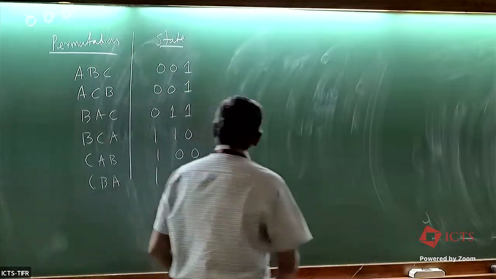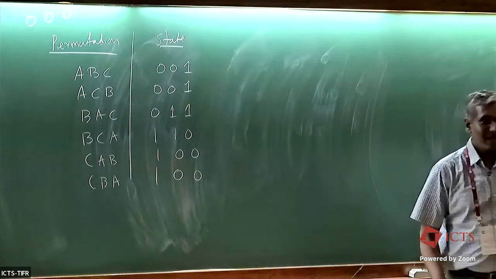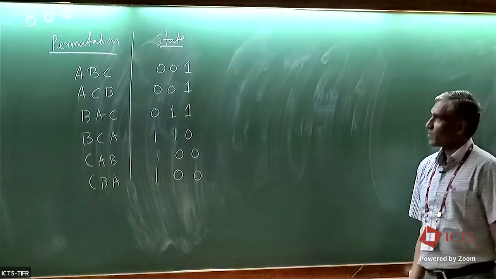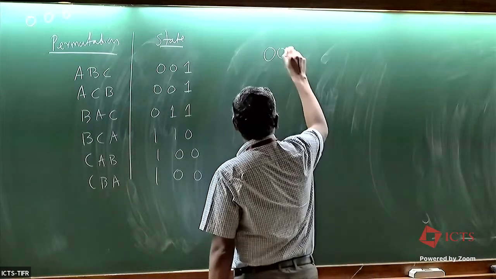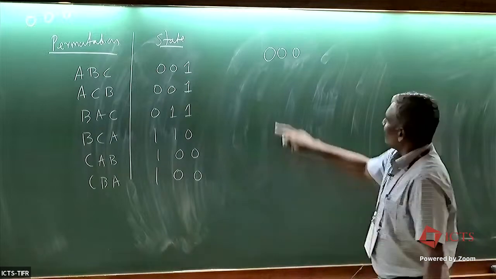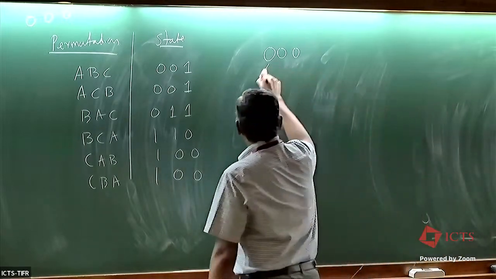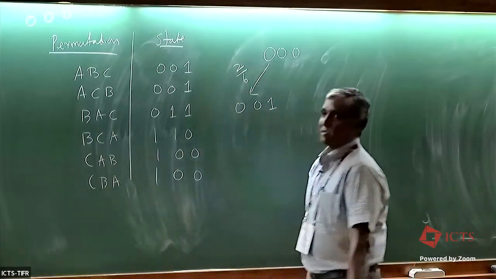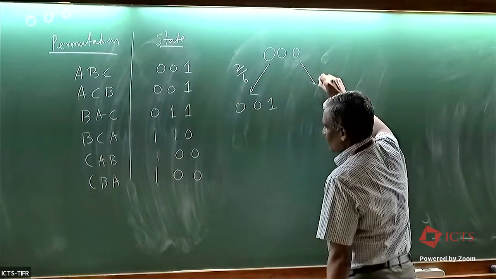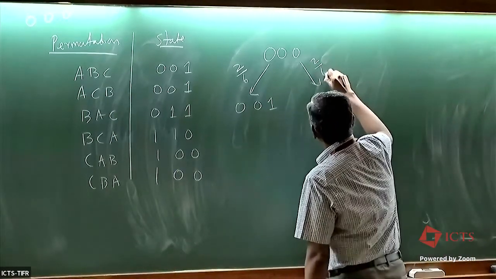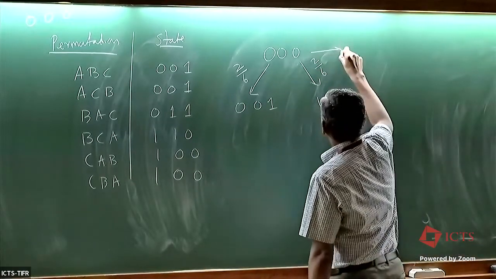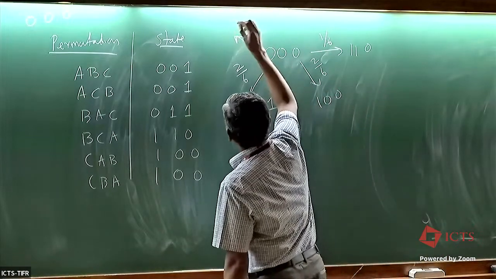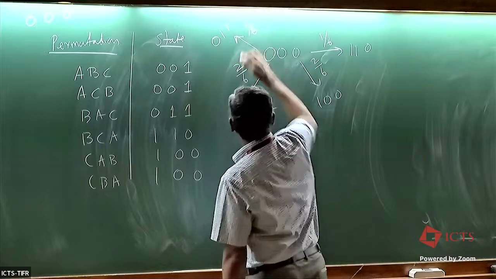So therefore, I can now find out what is the probability of reaching a given state because of a single transition. So if I now start drawing the state transition graph, we start with this state here, I can end up in 0, 0, 1 with a probability of 2 by 6. I can end up in 1, 0, 0 with a probability of 2 by 6, 1 by 6, and 0, 1, 1 with a probability of 1 by 6.